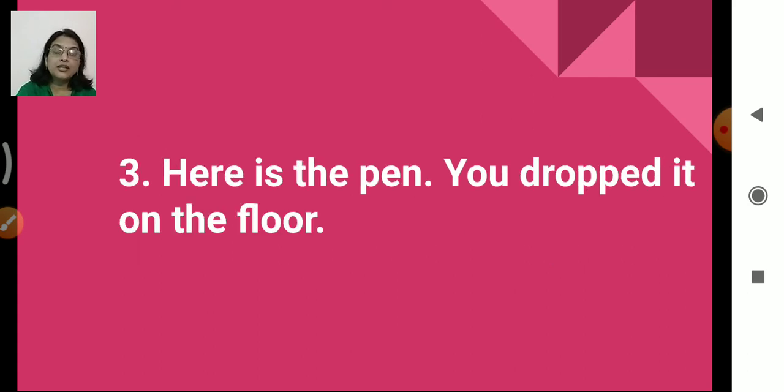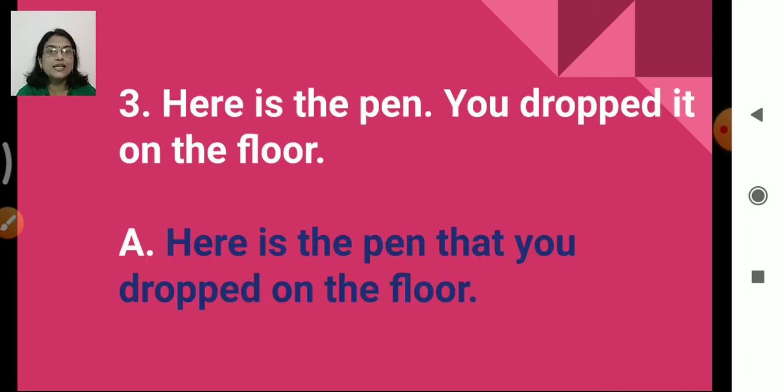Here is the pen. You dropped it on the floor. It means what, children? Pen, right? So let's see. Here is the pen that you dropped on the floor. What is done here now? What you can see? Here is the pen that you dropped on the floor.